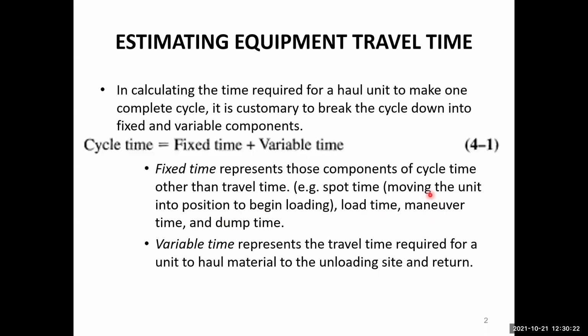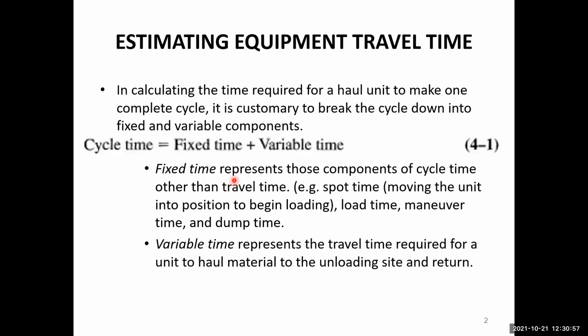Maneuver time means certain adjustments to the machine are made to bring it into the proper position to work. The variable time represents the travel time required for a unit to haul the material to the unloading site. So loading and then unloading, okay? This is the variable time, which is the travel time basically.